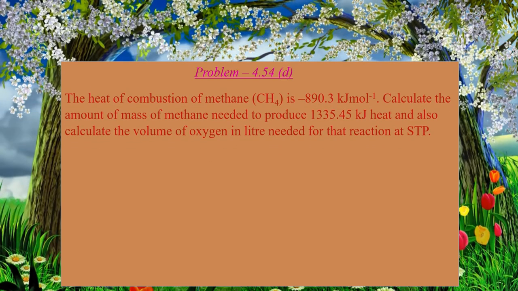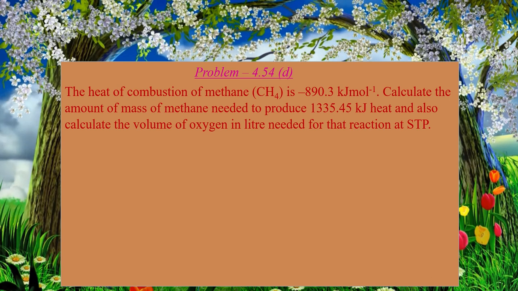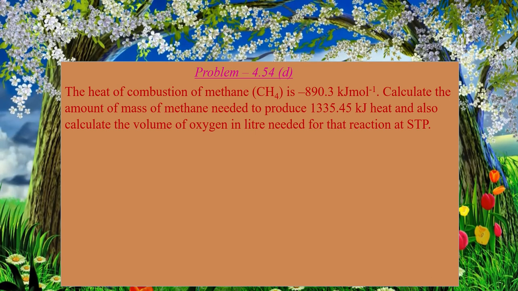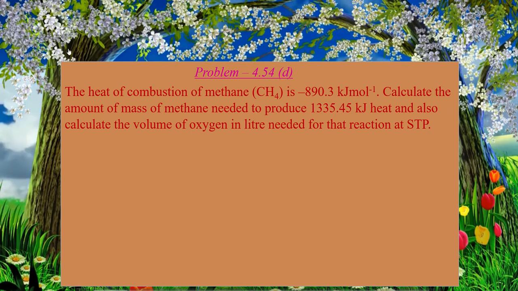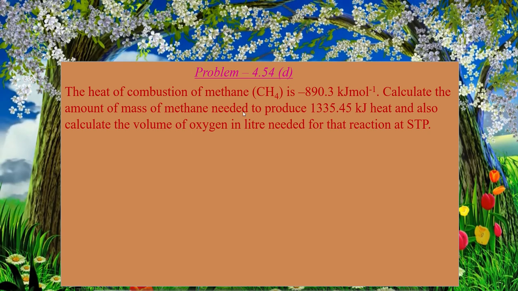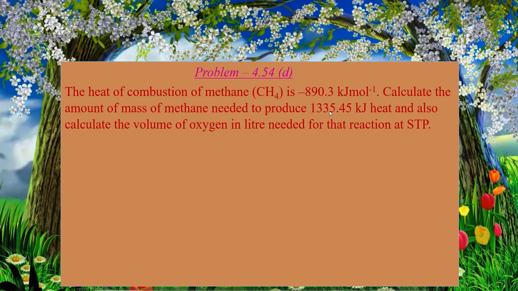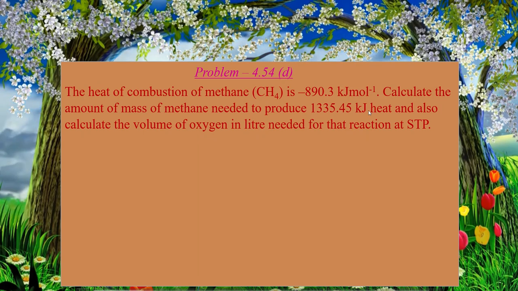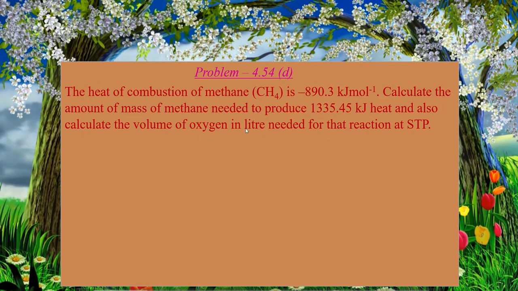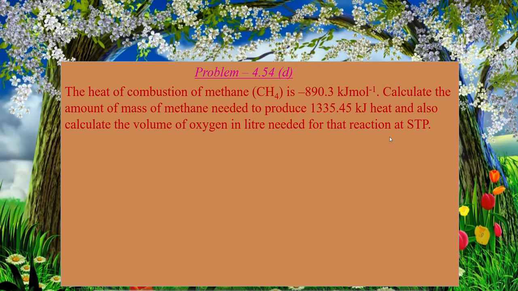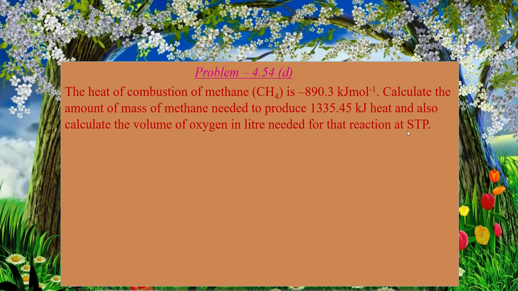Problem 4.54D. The heat of combustion of methane is given, minus 890.3 kilojoule per mole. Calculate the mass of methane needed to produce 1335.45 kilojoule heat, and also calculate the volume of oxygen in liter needed for that reaction at STP.